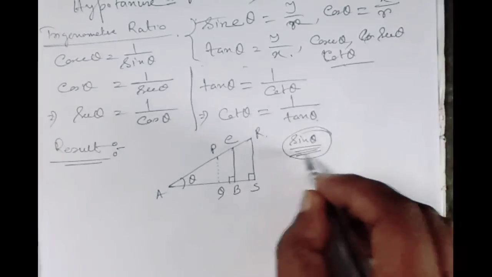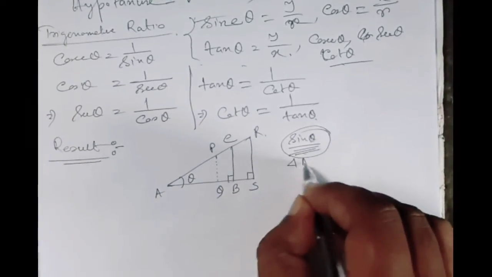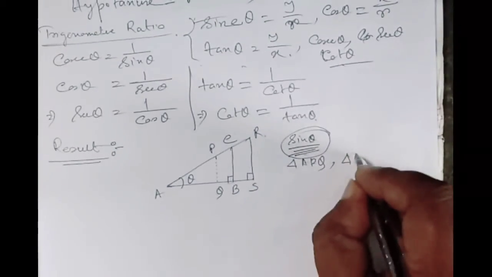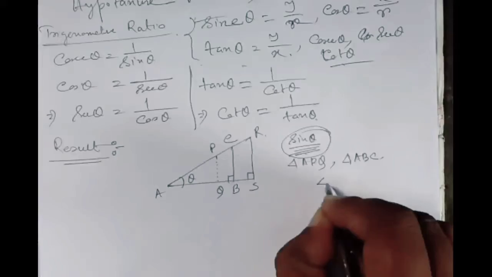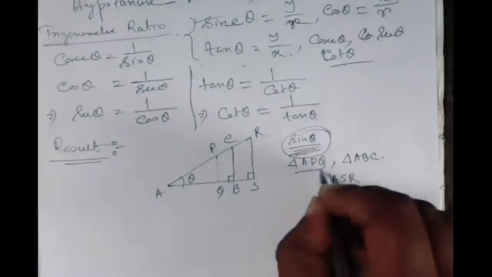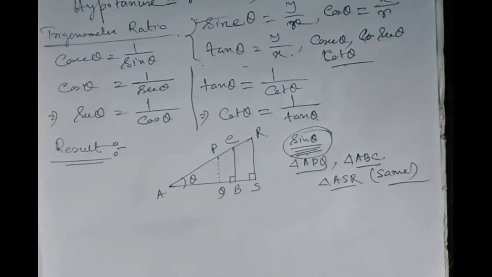That means the value of sin theta will be the same for triangle APQ, triangle ABC, and triangle ASR.